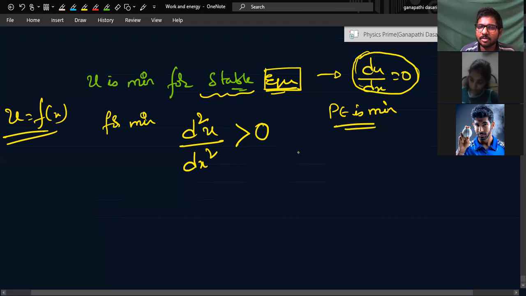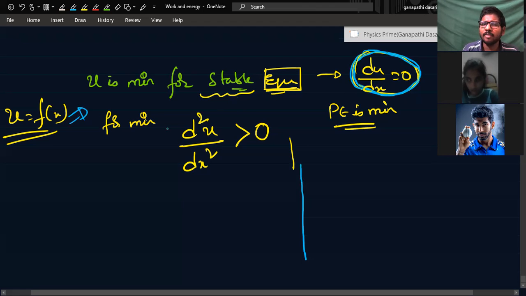Do you know why it is greater than 0? dU by dx equal to 0 we need to do first for finding out maxima or minima.